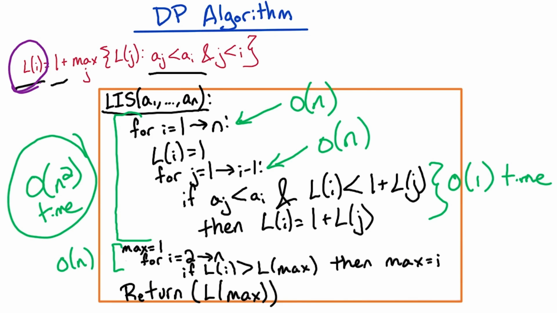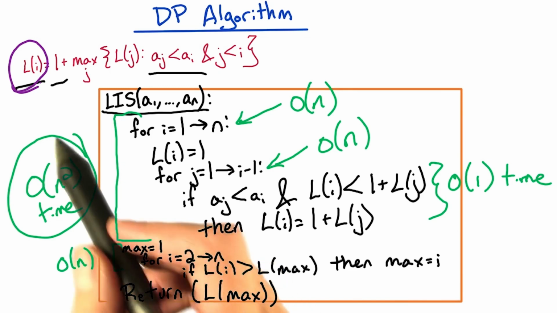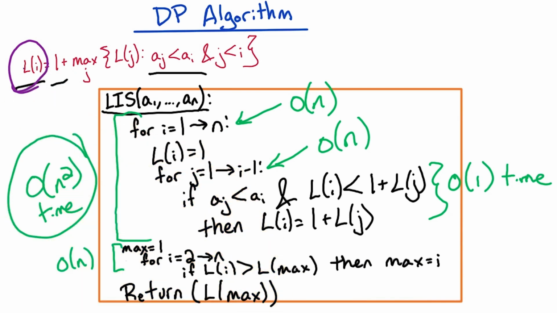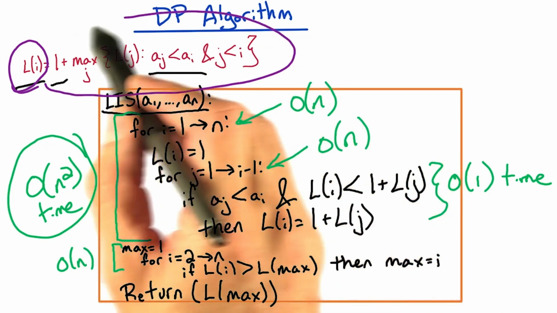Then our second step in our recipe is to find a recurrence relation that the solution's subproblems satisfy. In that case, for that definition, we were unable to do so. So what did we do? We went back and we reformulated our subproblem definition. We added an extra condition into it, and then we were able to write a recurrence for the subproblems.